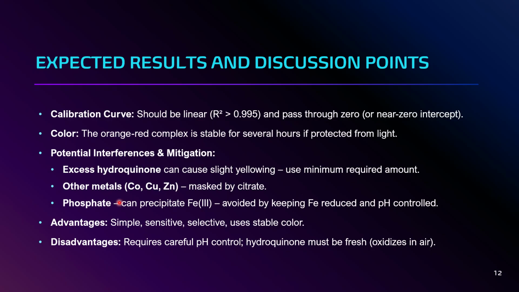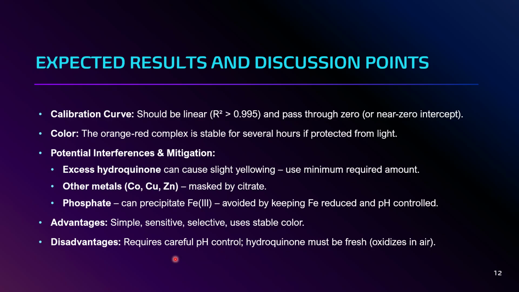Metals such as cobalt, copper or zinc should be masked so that they do not interfere. They need to be masked by adding citrate appropriately. Phosphate can also precipitate iron 3. It is avoided by keeping iron reduced and pH controlled.